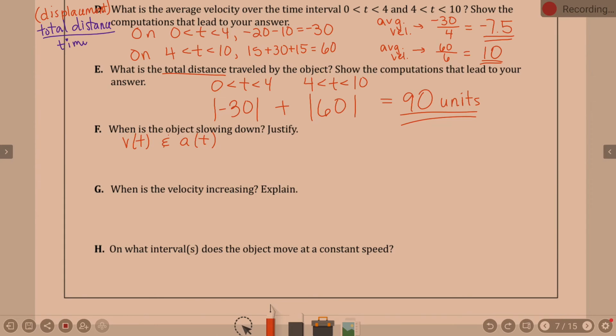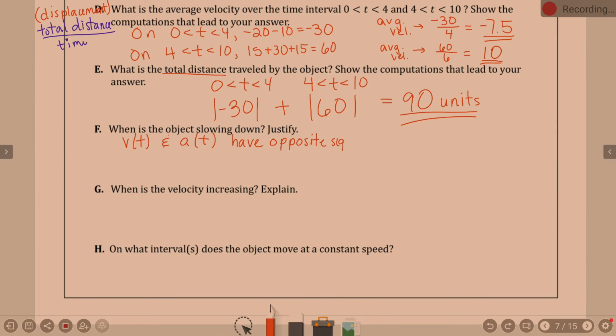Not the same sign. Opposite signs. Remember, if the signs are the same, we're speeding up. If signs are opposite, we're slowing down. So V of t and A of t have opposite signs.